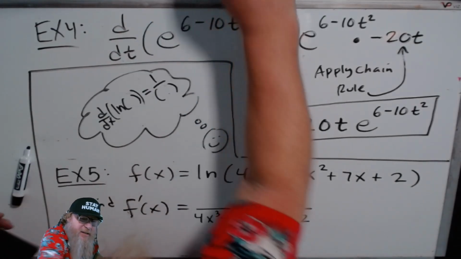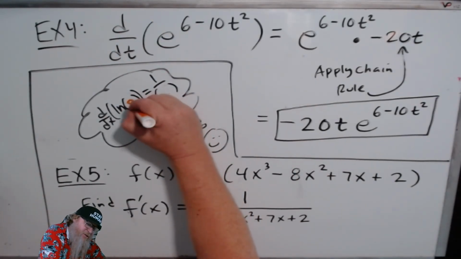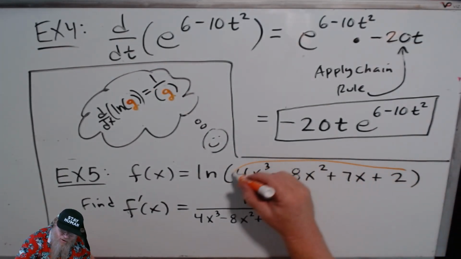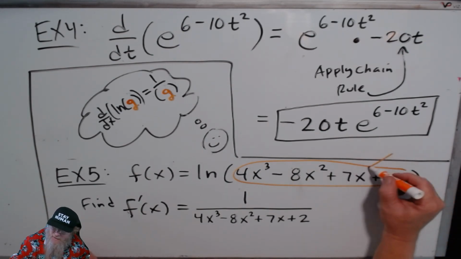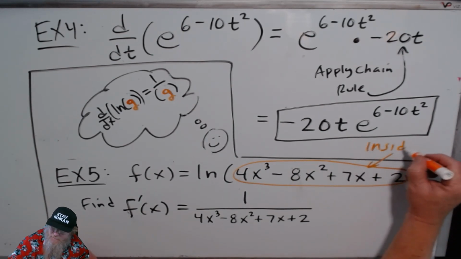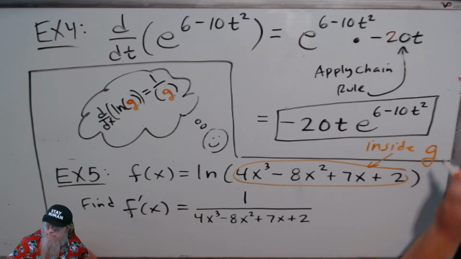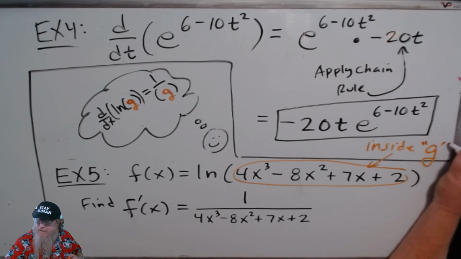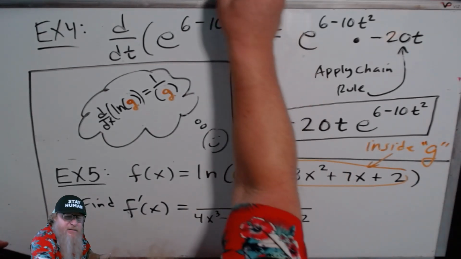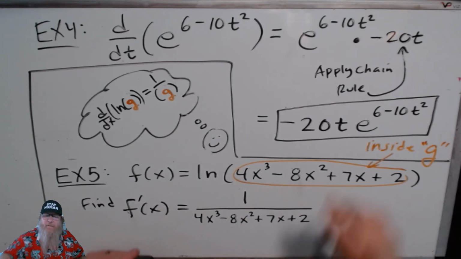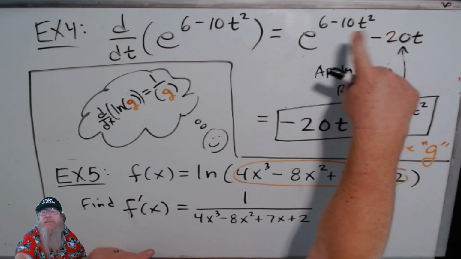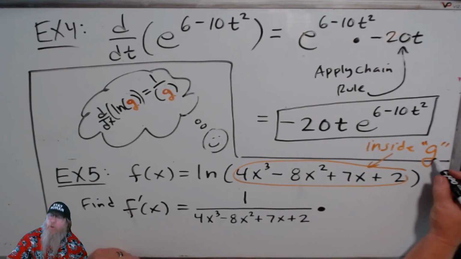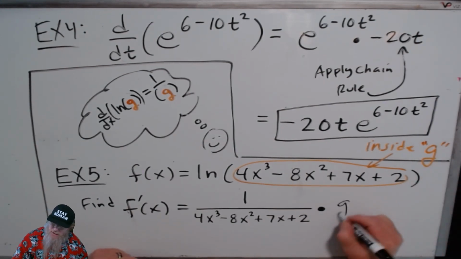And then if you're using a composition, this is a function g. It's not necessarily x. All of this is g. We call the inside g, or g of x, same thing. Or in this case, g of t, because the variable is t. So now I have to do g prime.